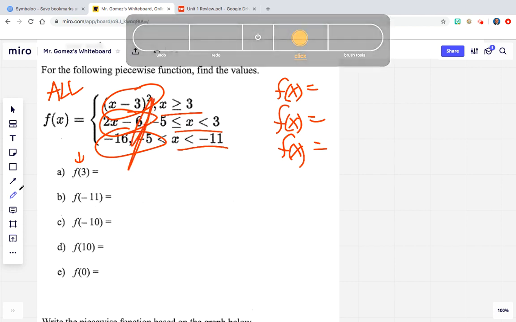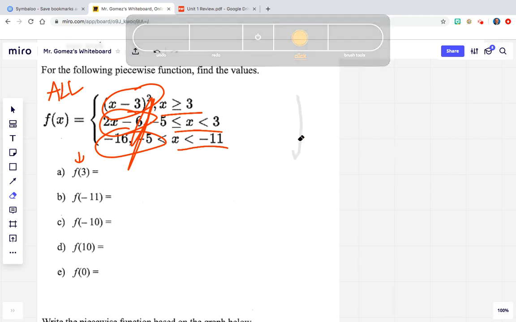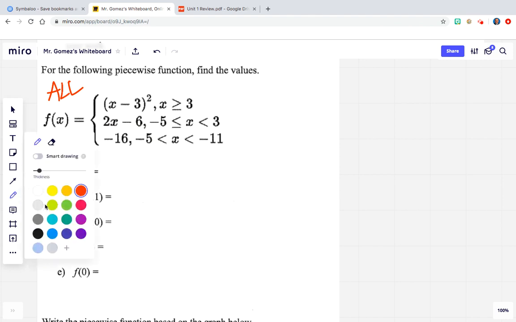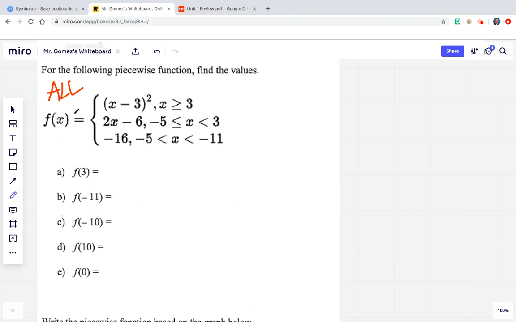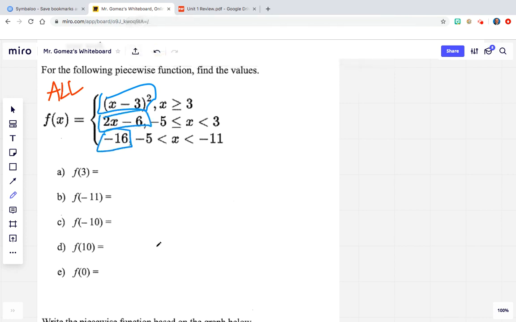The only thing that we do with piecewise functions is that we don't write f of x all three times. We're going to be a little lazy. You could say mathematicians are a little bit lazy, okay? They just want to write f of x just one time, but that it represents all three of these functions right here. Oops, not that, but this right here, basically where the comma stops, okay? So these will tell you where these numbers belong, okay?